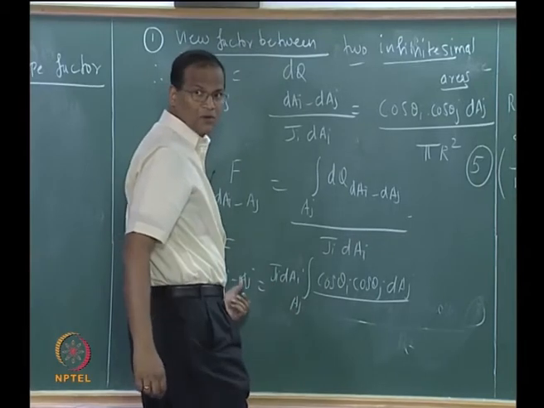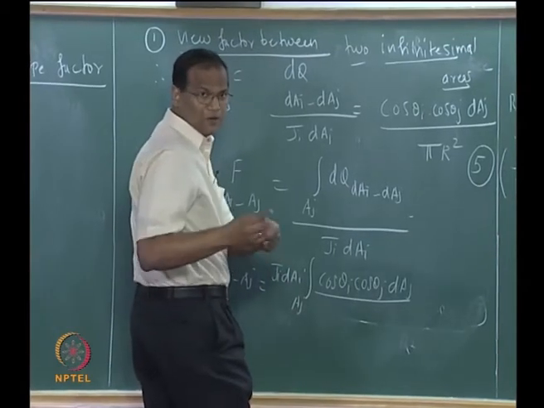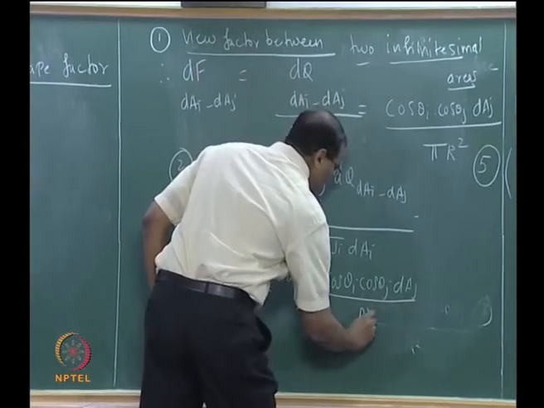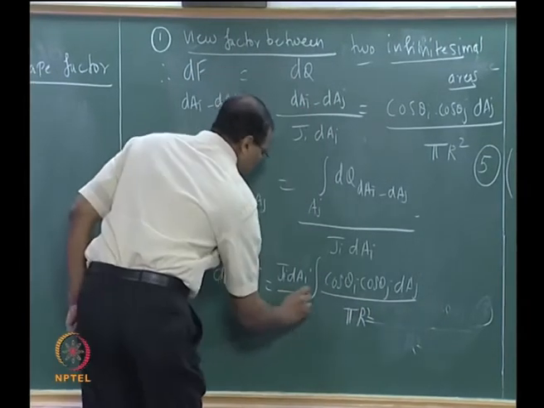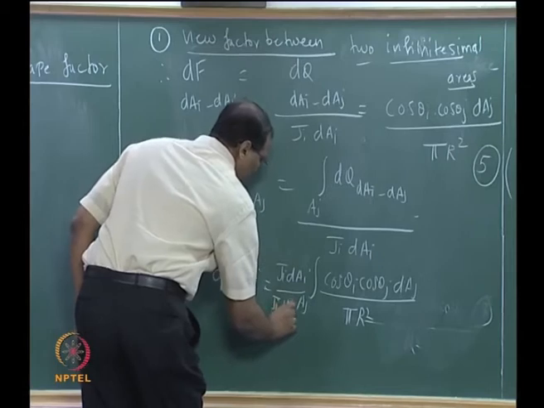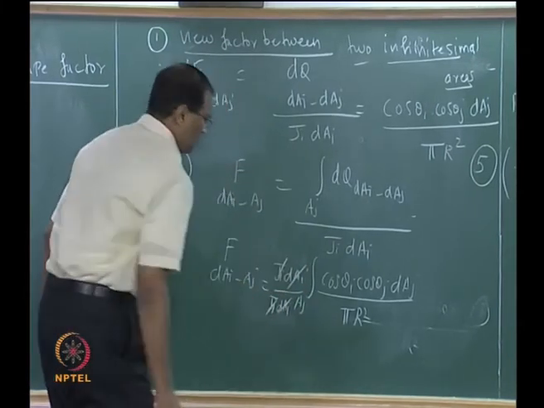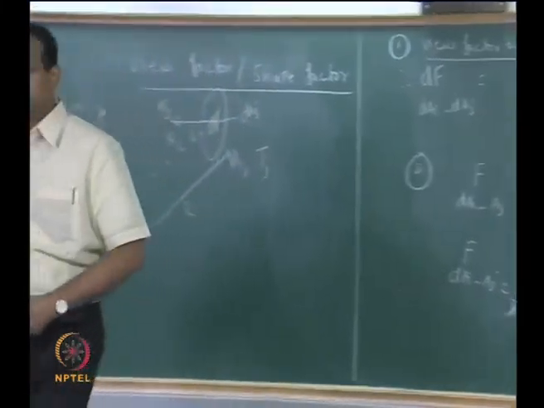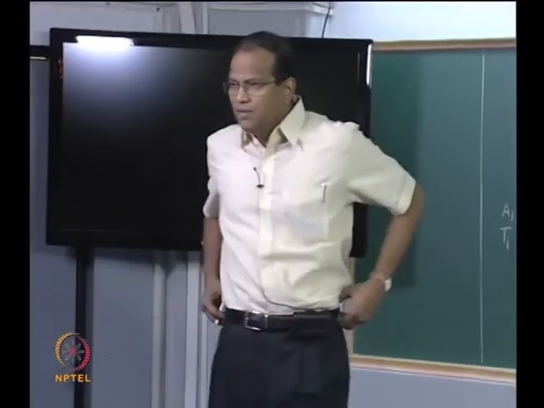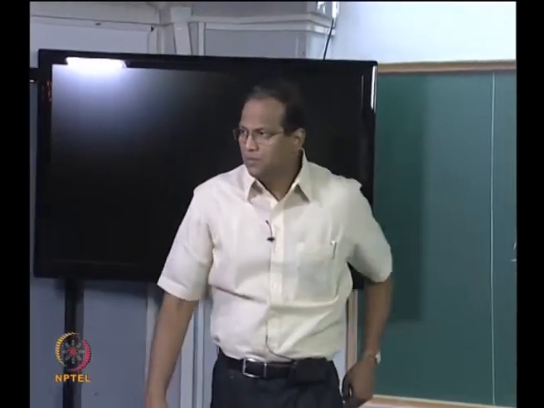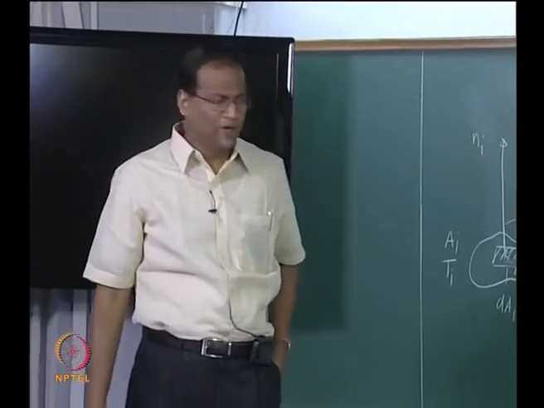I cannot take r out, r will vary between two infinitesimal areas. Pi, if you want, you can put it inside. I hope I have not made any mistake, is that correct? Any problem? Fine.